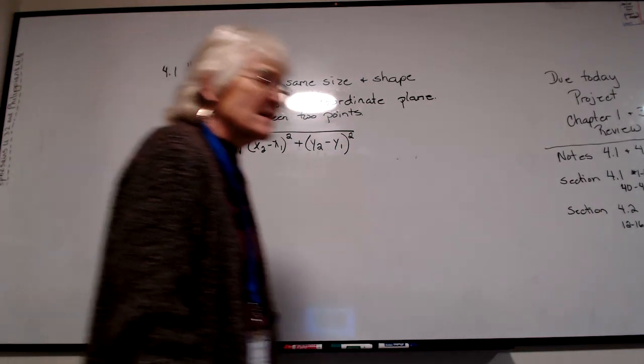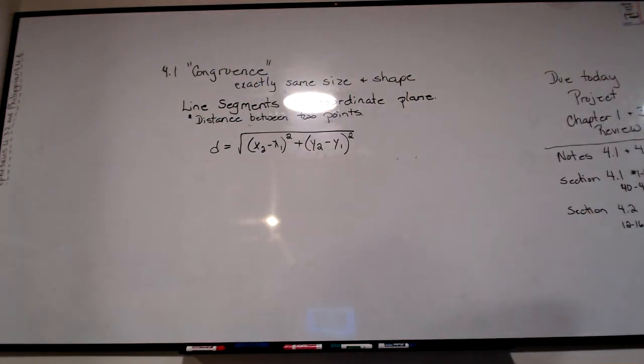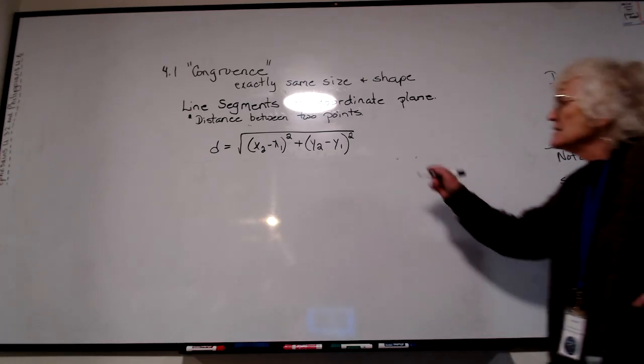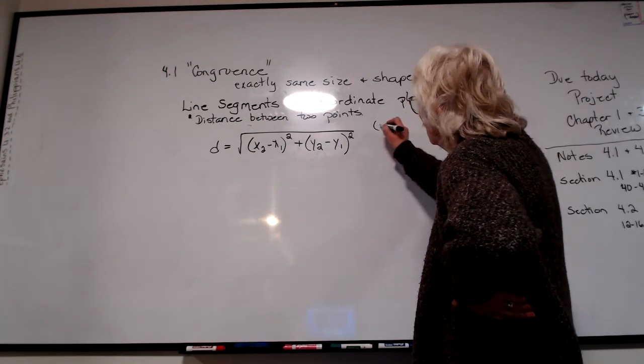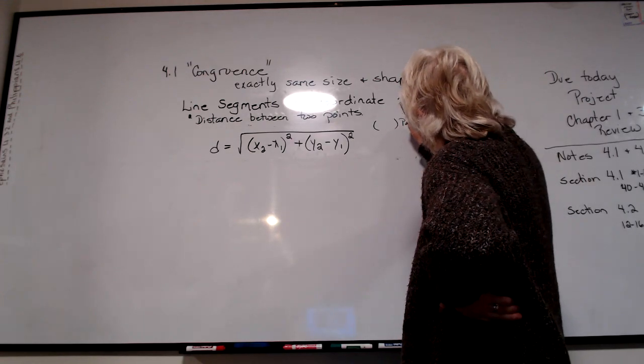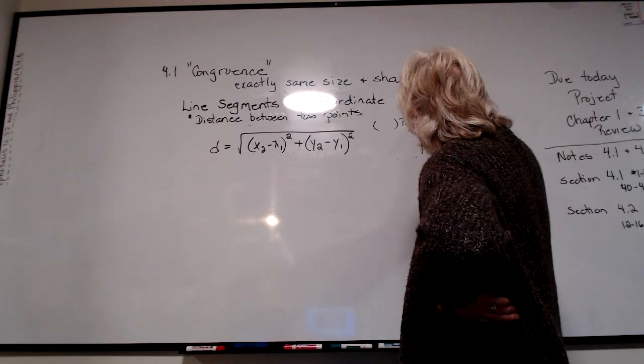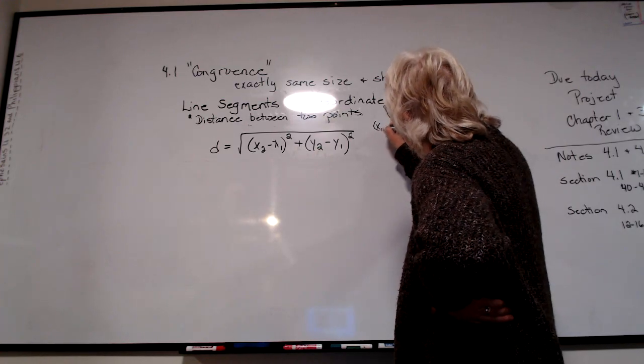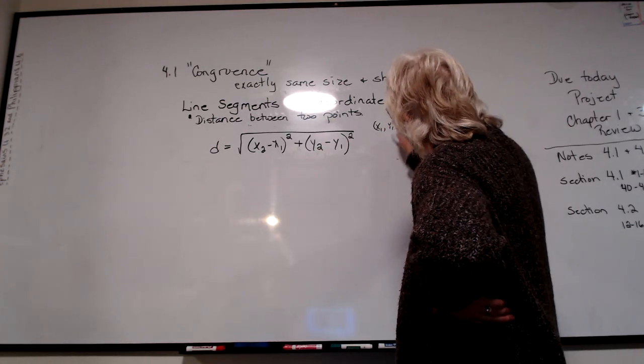Okay, that's the formula. That's all of the work that you have to do to get it. You can plug and play with that formula, but you really need to know what all the values stand for. In this, you have 2 points. If I call it point 1, then it's x1 and y1.